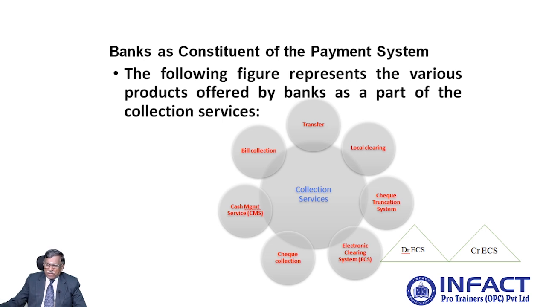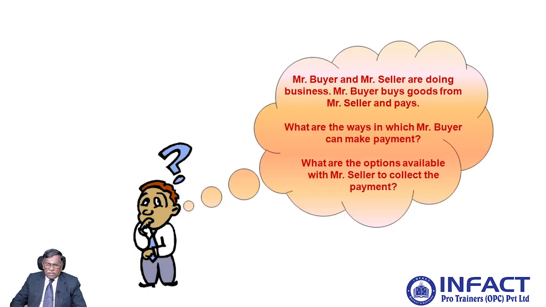Okay, let's move on. Again, we are just coming to the example of a buyer and seller concept. You think that buyer and seller are involved in any of the transactions, right? So let us talk about a buyer and a seller doing a business. The buyer, as the name goes, naturally buys goods from the seller who sells the goods.